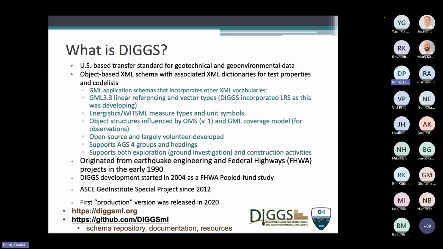The first stable production version was released in 2020. That was version 2.5. And we've just released a new update to that, which includes a richer data set, a lot more test procedures associated with it, as well as extensions into construction activity information. You can find information on our website at digsml.org.